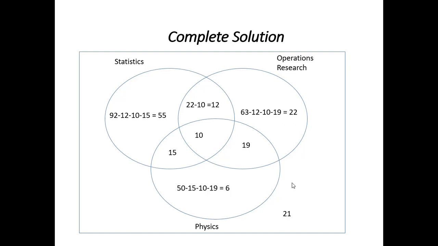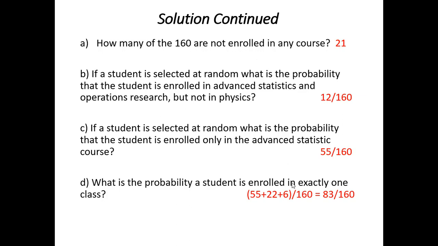Now, in the next part, we have some questions to ask, and we've done most of the work. The first question is, how many of the 160 are not enrolled in any course? Reading off the Venn diagram, that would be 21. If a student is selected at random, what's the probability the student is enrolled in advanced statistics and operations research, but not physics?